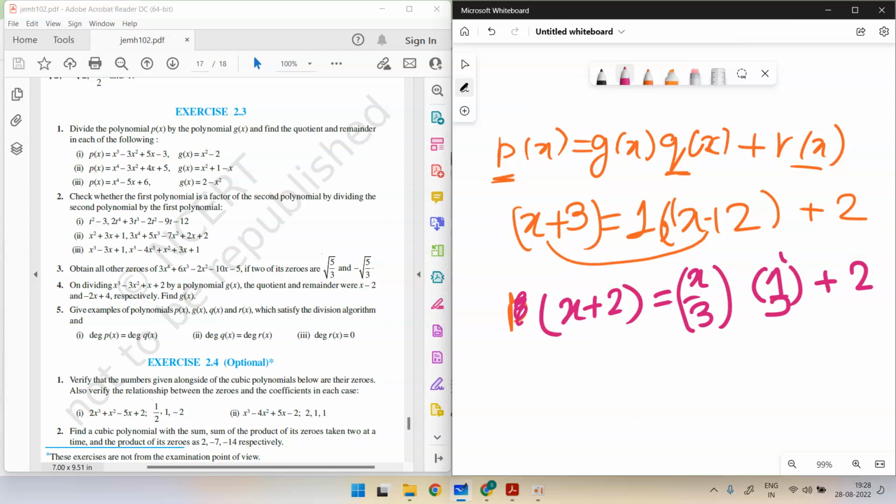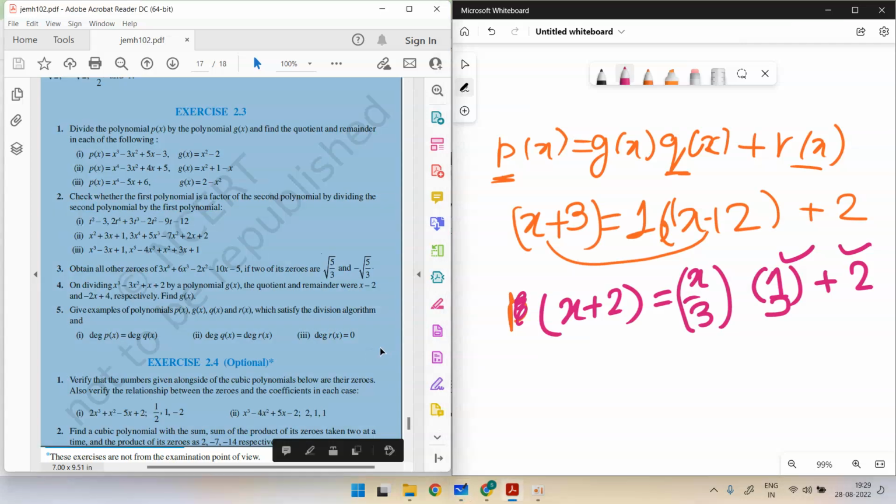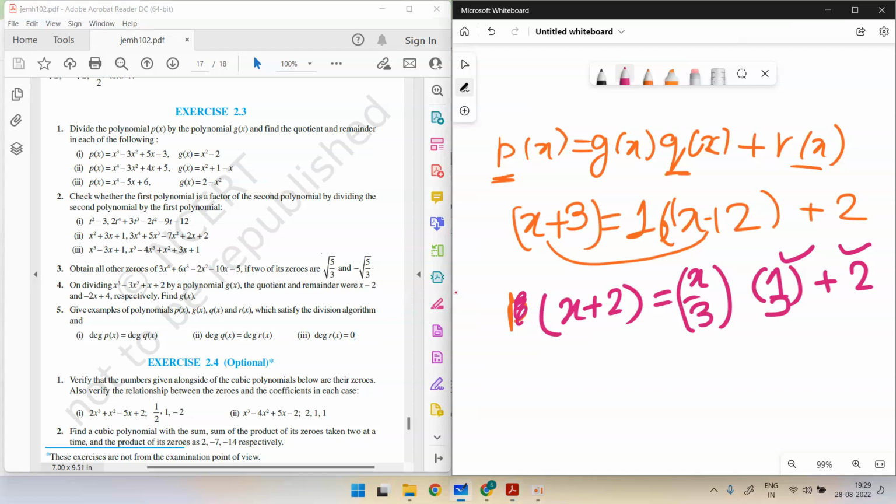The degrees of this and this will be equal. The degree of r(x) is 0 and the degree of q(x) is 1. You can also give this example, simple.